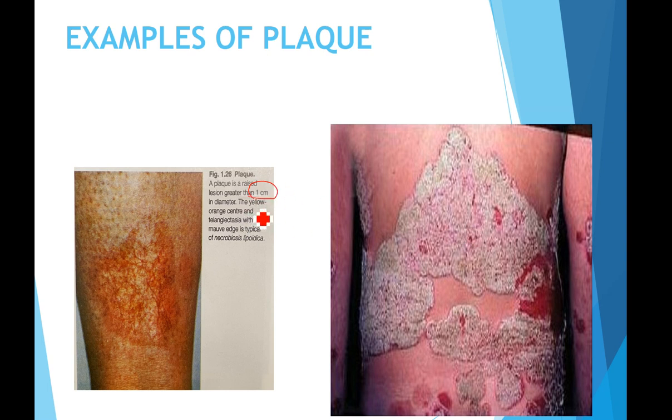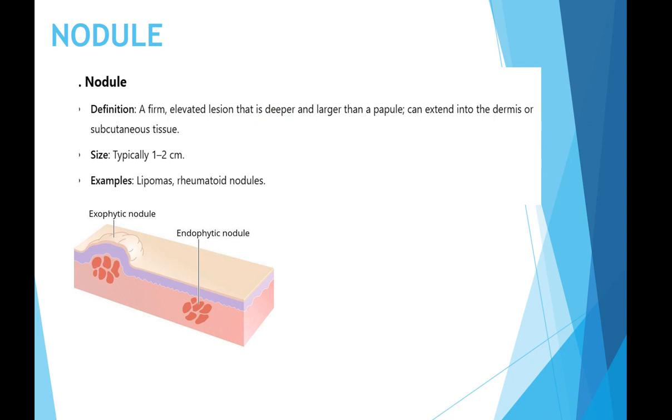And again, the plaque could be of different colors, plaque is not defined according to the color change, but we have different types of plaque. Like in this picture, you can say that this plaque is basically a silver scaly plaque, right? And this is a hyperpigmented plaque, and this is basically showing telangiectasia. Like you can see blood vessels here, right? So this is a raised lesion, and in this picture you can also see this is a raised lesion.